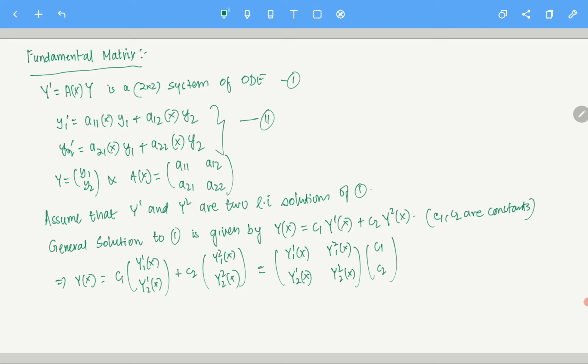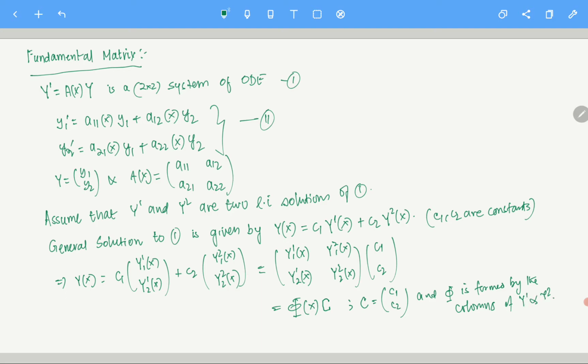Now just note one thing: this particular matrix, let's call it a capital phi of x, times capital C, where C is the column C1, C2. Phi is formed by the columns of y1 and y2.